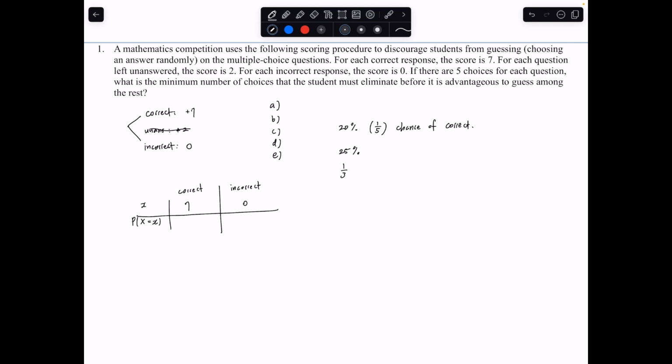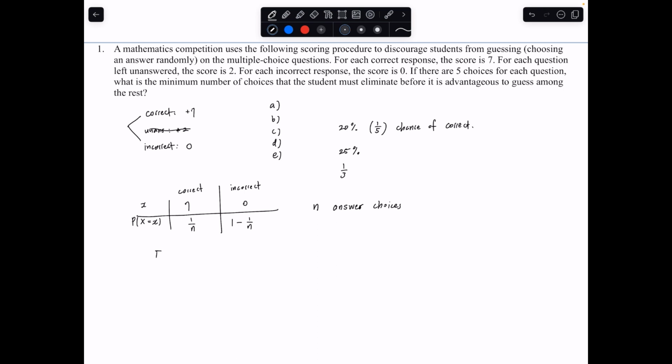And for probability, we're not going to put 1/5 here, we're just going to say that we have n number of answer choices, because remember, we're trying to solve for the number of answer choices given a certain condition, and the condition being guessing gives us a greater expected value. So the probability of choosing the correct answer out of n is 1/n, and all the rest of the choices are the incorrect answers, so it's 1 minus 1/n.